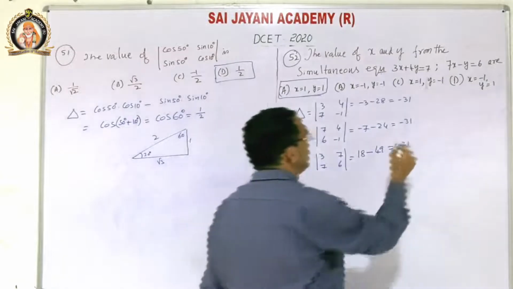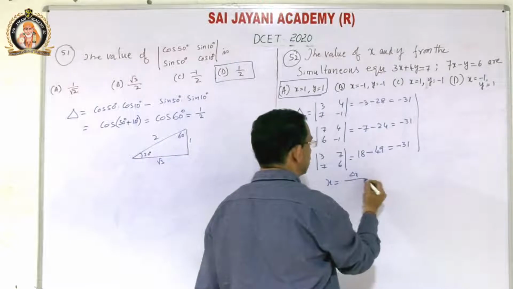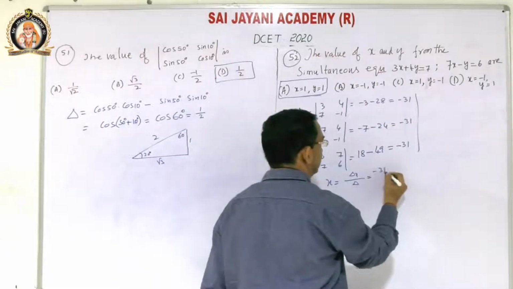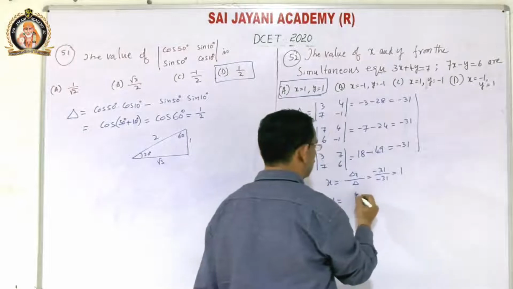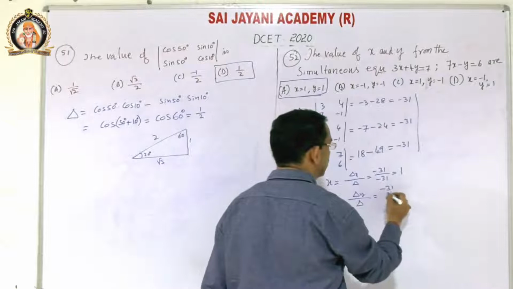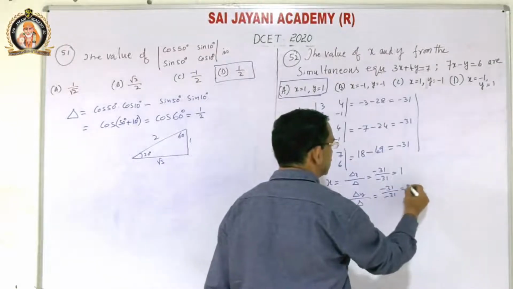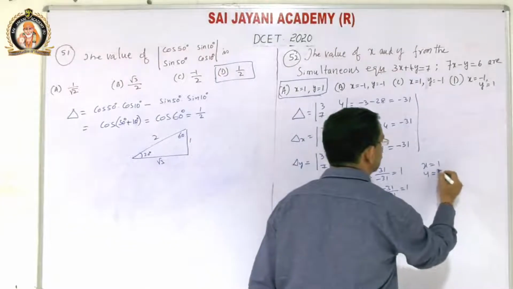And we know x is equal to delta x by delta, that is minus 31 by minus 31, equal to 1. y is equal to delta y by delta, again minus 31 by minus 31, equal to 1. So x is equal to 1 and y is equal to 1.